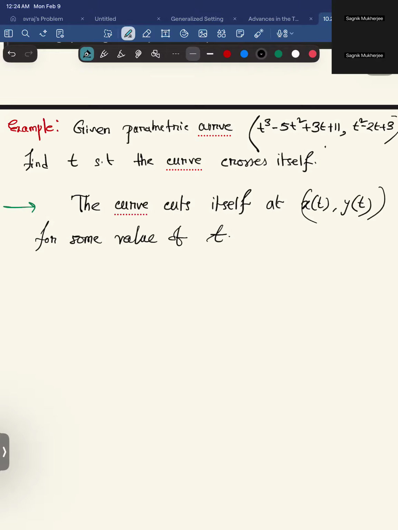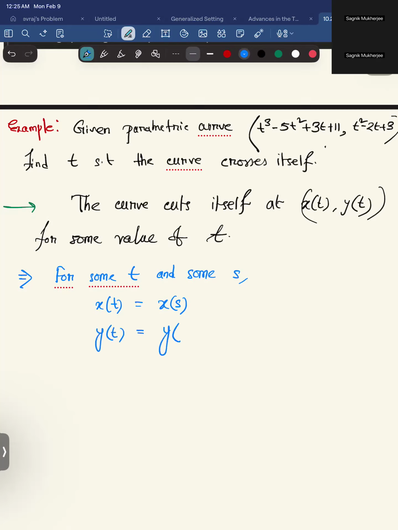But notice that the curve is actually moving as a function of t, right? So it must be the case that for some t and some s, you must have the fact that x at t, that means the x coordinate is actually becoming the x coordinate at s, and the y coordinate at t is becoming the y coordinate at s, right? So now solve for t and s.